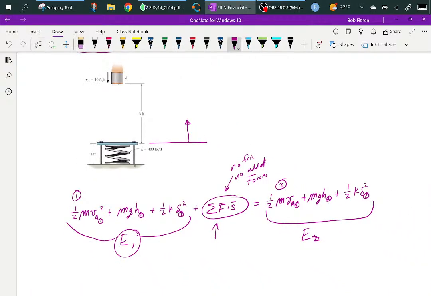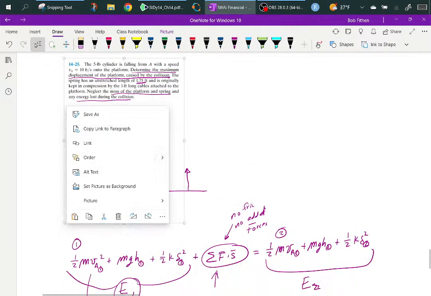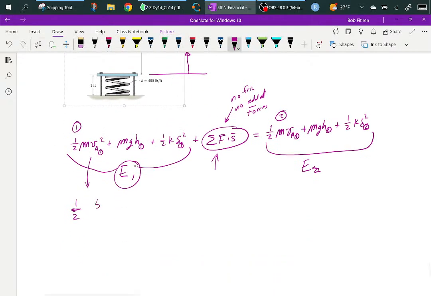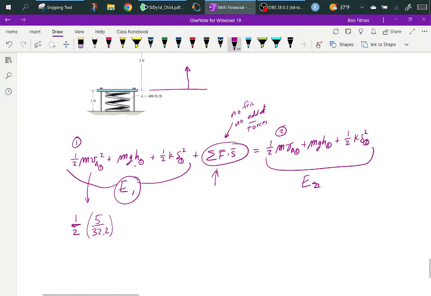But, okay, so my initial energy due to kinetic energy is 1/2 m, which it's a 5-pound cylinder. So that would be 5 over 32.2. The velocity initially is 10 feet per second plus mgh. M and G going together would be 5.